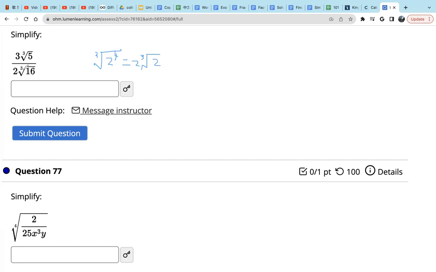So the denominator can be simplified. 2 times 2, 4. So the denominator becomes 4 cubic root of 2. The numerator cannot be simplified, so keep the numerator. So the numerator is 3 cubic root of 5. Denominator is 4 cubic root of 2.